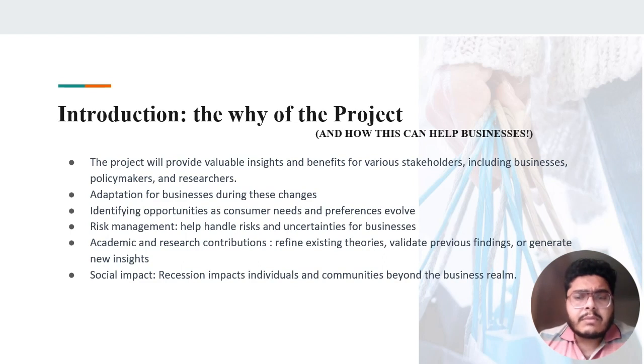It will also help us identify some risks and uncertainties of these times. This will also provide new insights for academic purposes. And finally, we can expect some social impact, a study on social impact.